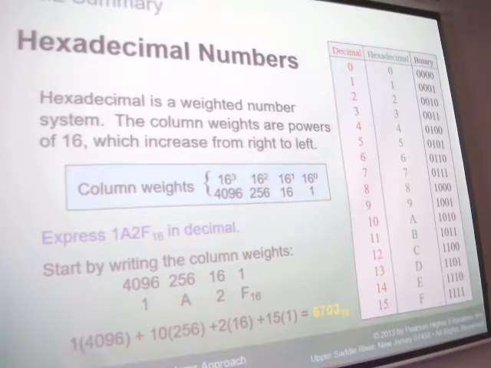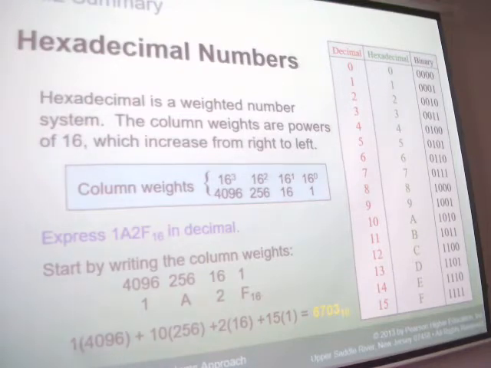32 plus 15 is 47. Then plus 47, 7, 0, 6, 2.